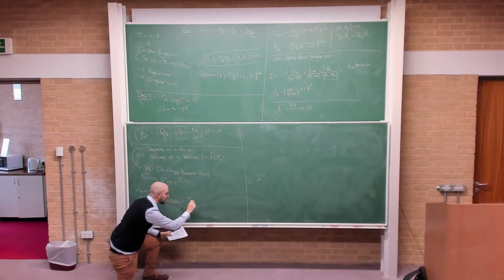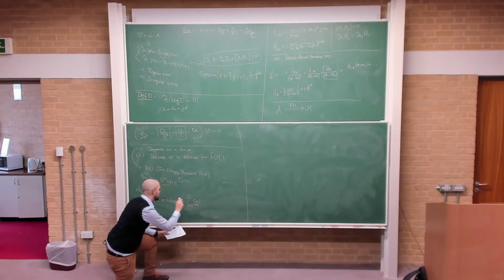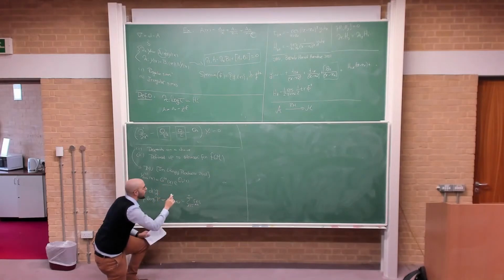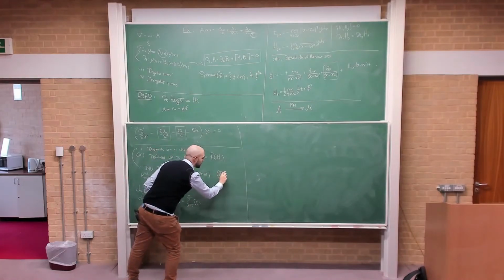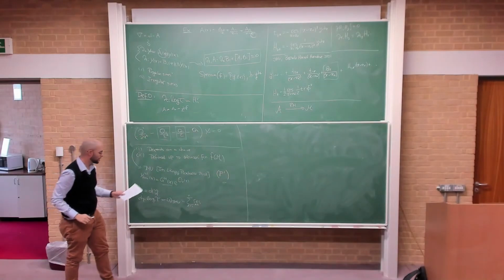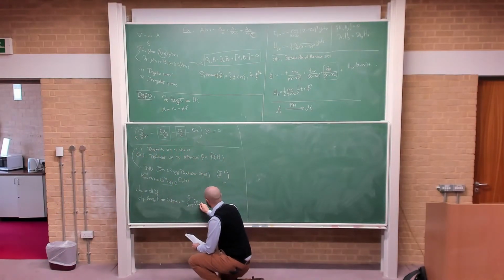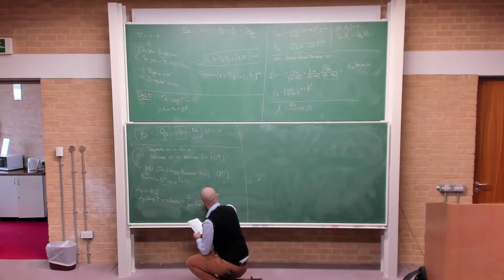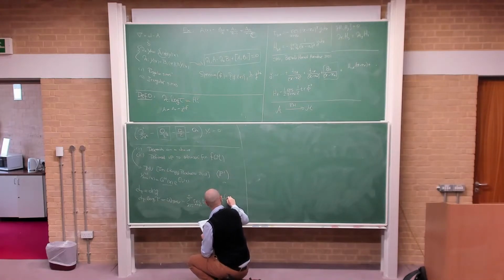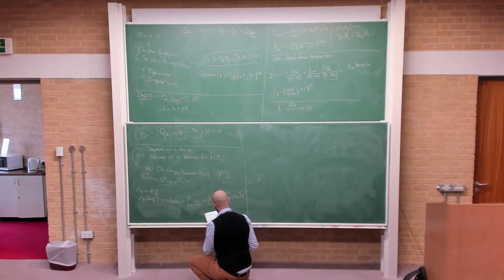This will be the sum over all the singularities of the residue at xk of the trace of gk of x, gk of x inverse.